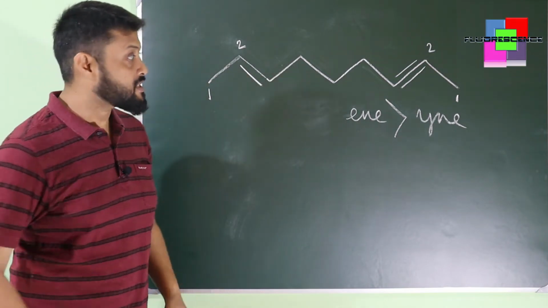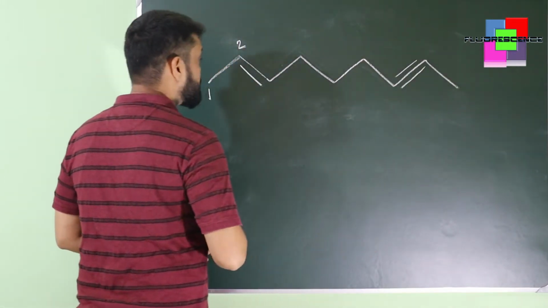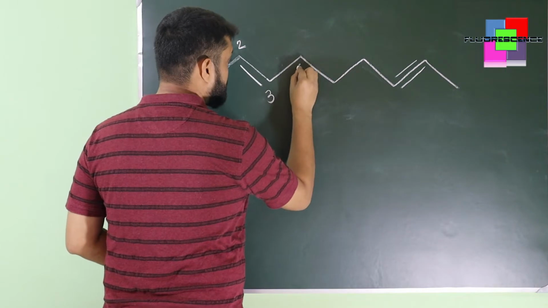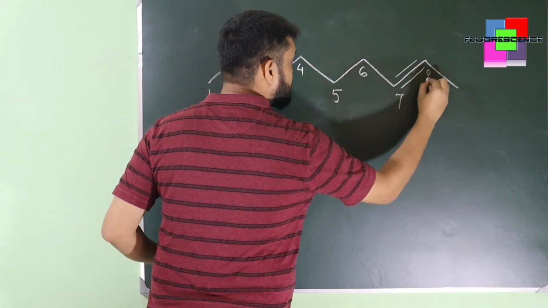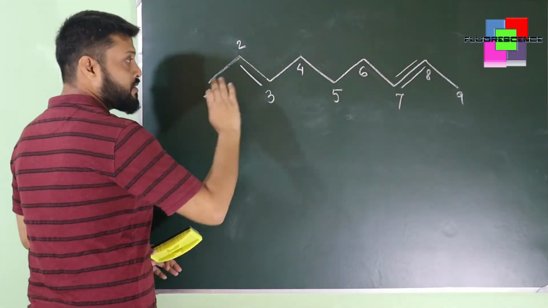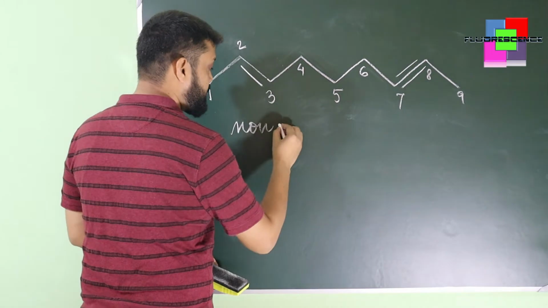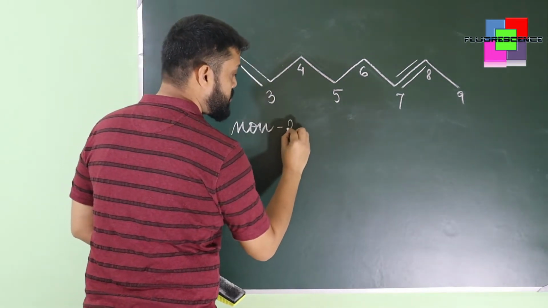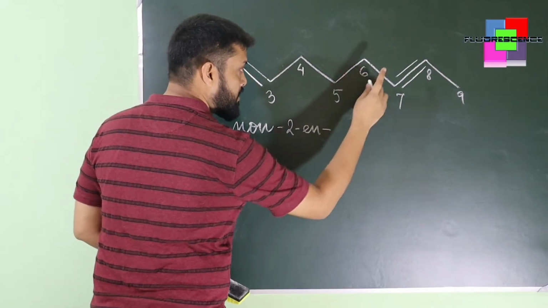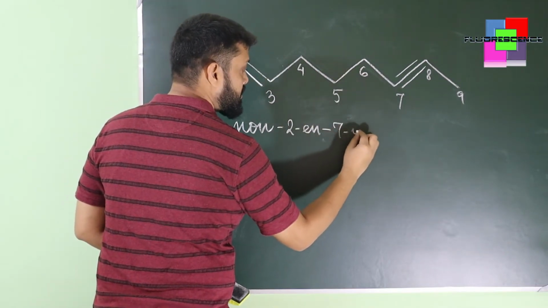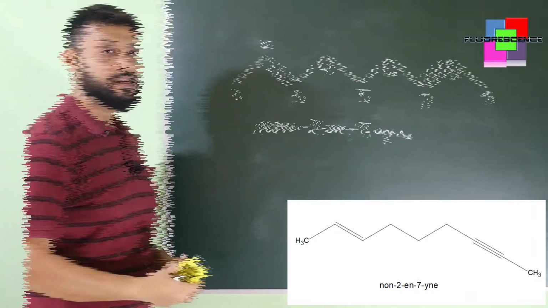So our nomenclature will start from the double bond end. So 9 carbons, non, hyphen, 2-en, we will skip out E, 7-yne. Non-2-en-7-yne.